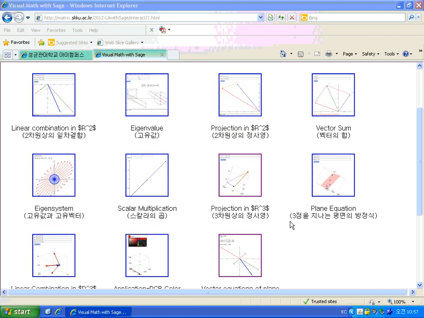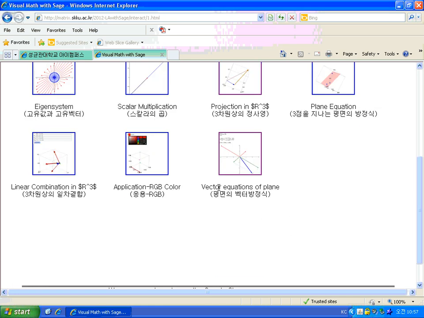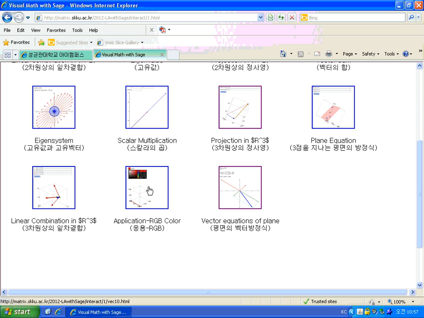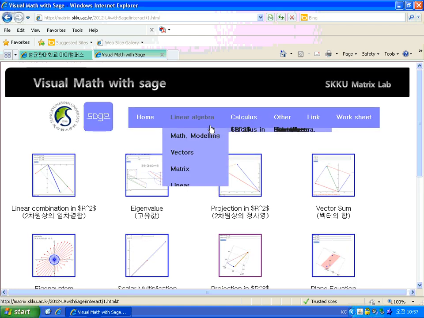As you see here, like what you saw, how to find the vector equation of the plane from the given points, you can also find the application of making RGB colors, or a linear combination of the given vectors and how it changes. And also there are many more.